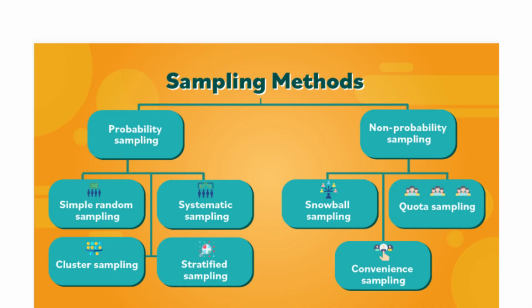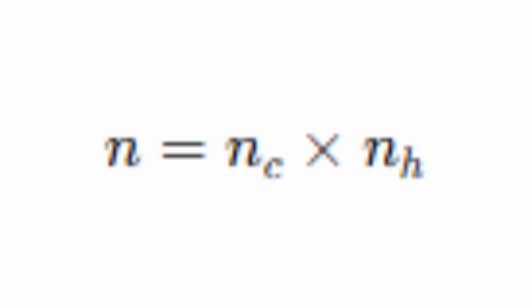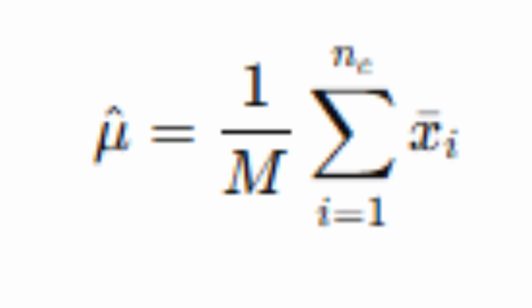We also have cluster sampling. Cluster sampling is where the population is divided into clusters, often geographically, and a random sample of clusters is selected. Then all individuals in the selected clusters are included within the sample.